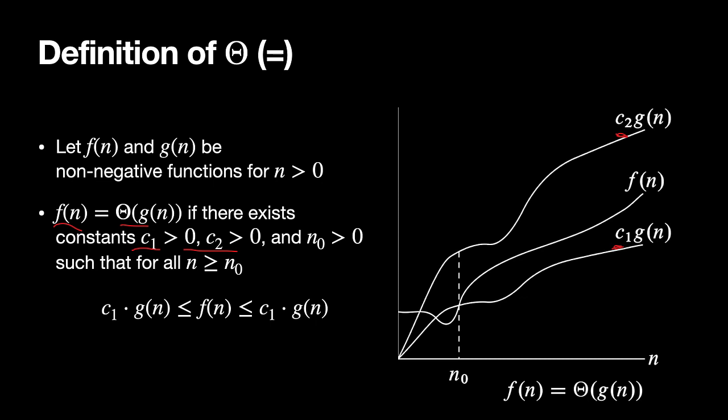Okay, so again, our three notions: big O, which is about having a bound above, big omega, which is about having a bound below, and big theta, which is about being bounded both above and below.